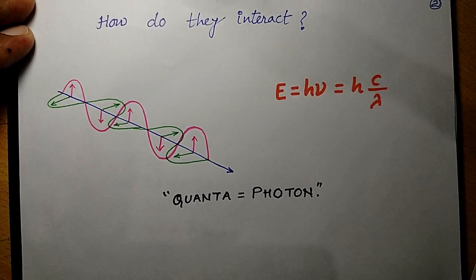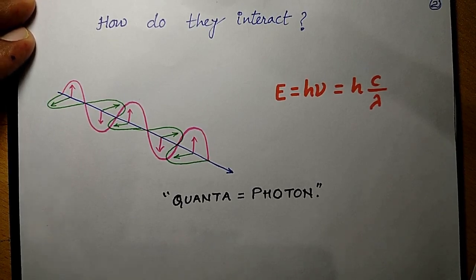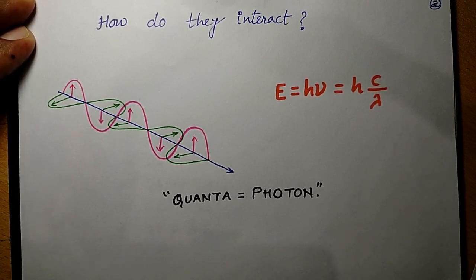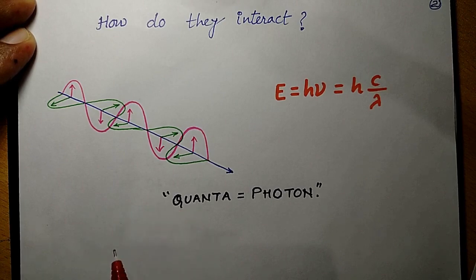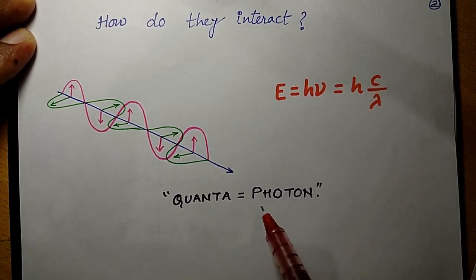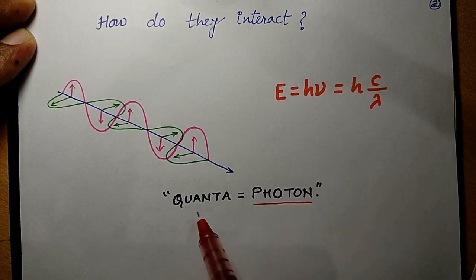Now the question is how the electromagnetic radiation and matter interact with each other. To answer this question, let us focus on some properties of electromagnetic radiations. Electromagnetic radiation is oscillating electromagnetic wave comprising of packets of energy called photon or quanta.